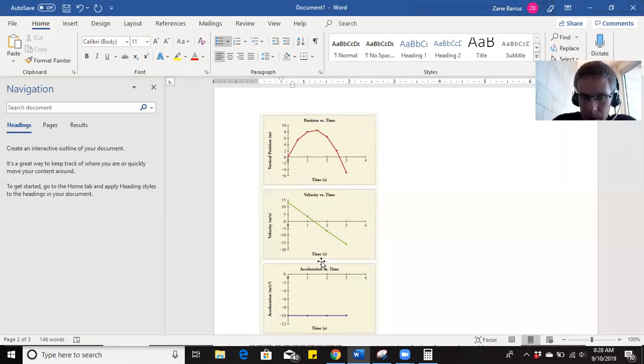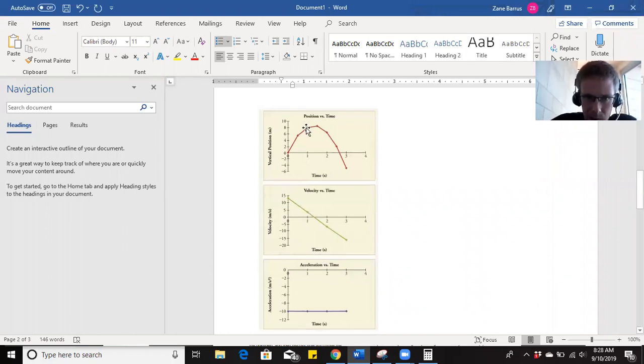You'll see in front of you we've got 3 graphs: a position versus time graph, a velocity versus time graph, and an acceleration versus time graph. You can see your x-axis in all 3 of these graphs is always time.